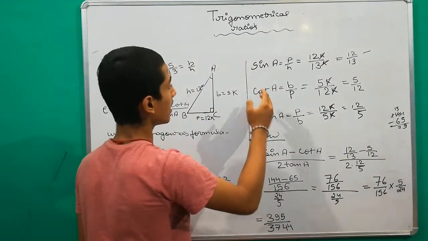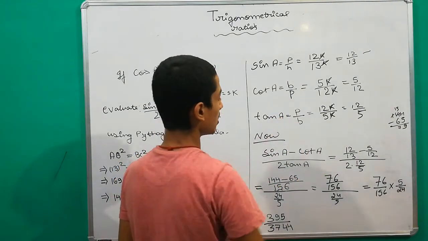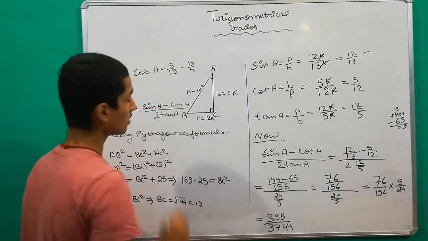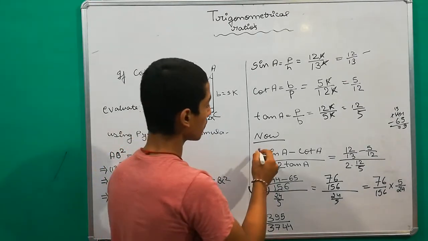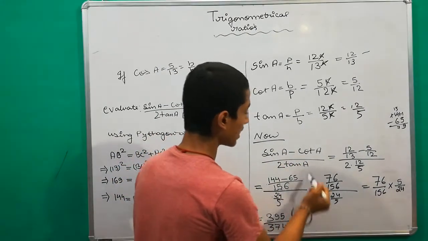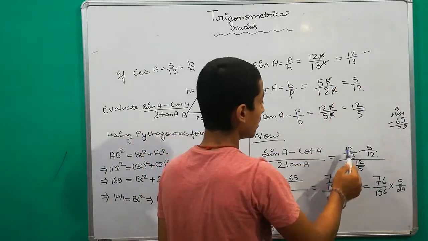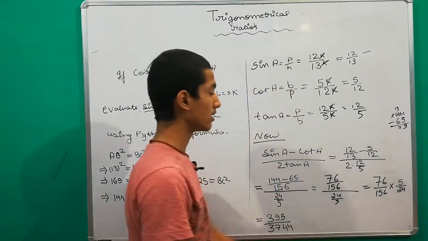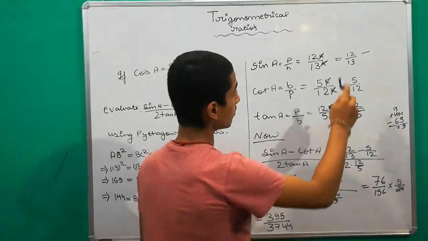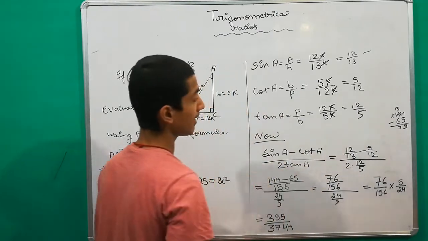Now friend, we have found the values of sin A, cot A and tan A. Now we will evaluate the given expression, (sin A minus cot A) by 2 tan A. We put the value of sin A, 12 by 13, minus cot A, whose value is 5 by 12.